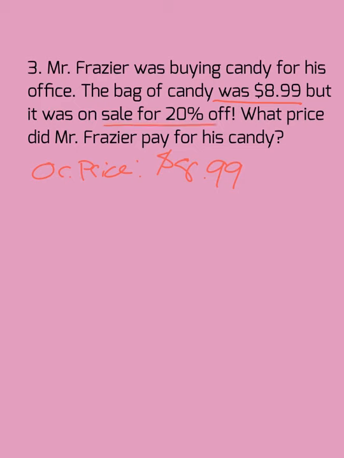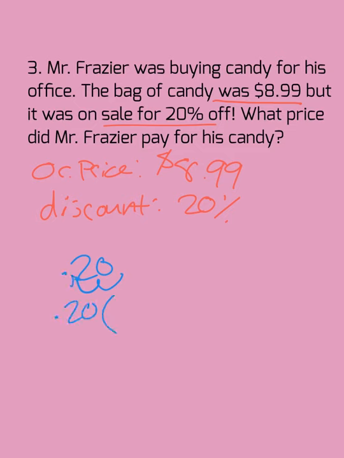My sale, so that's discount, is 20% off. So now we're trying to find our final price. So we are going to take our 20% and move the decimal twice. And so we will now have 0.20 times $8.99, our original price.